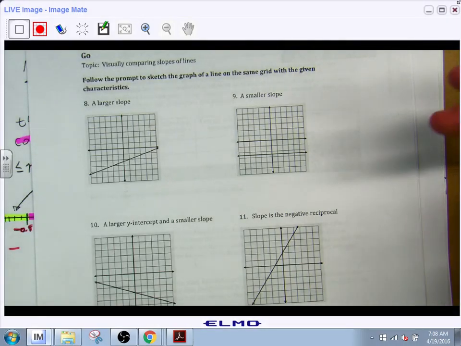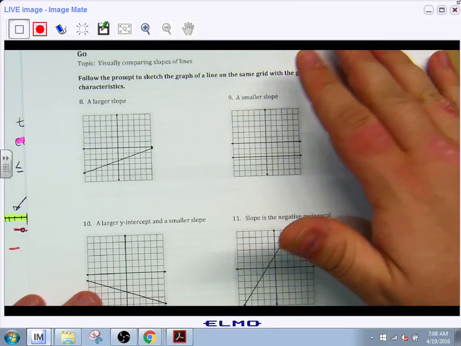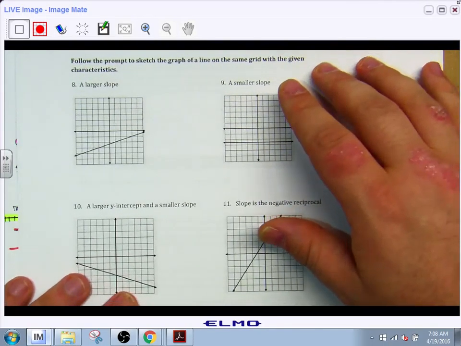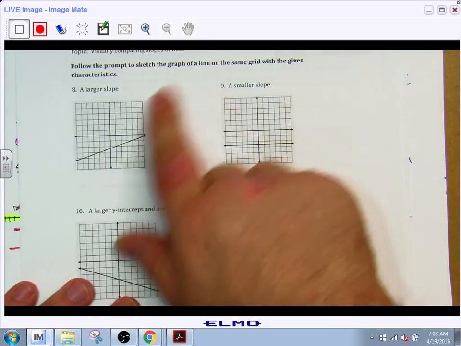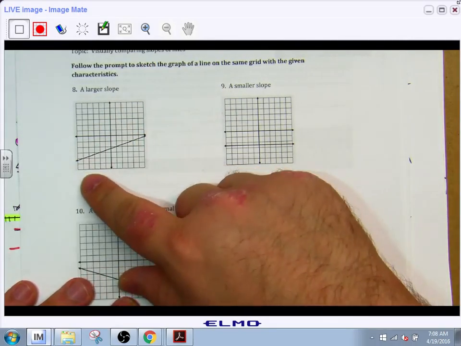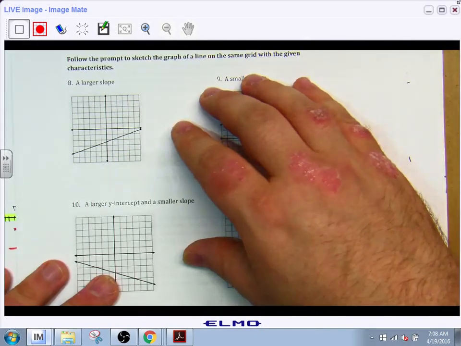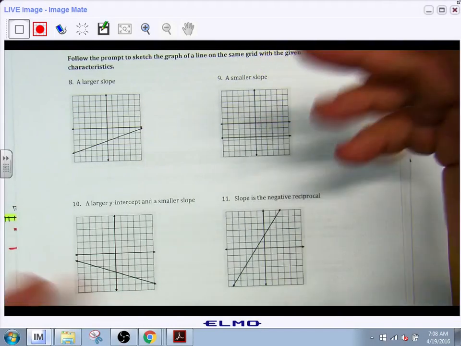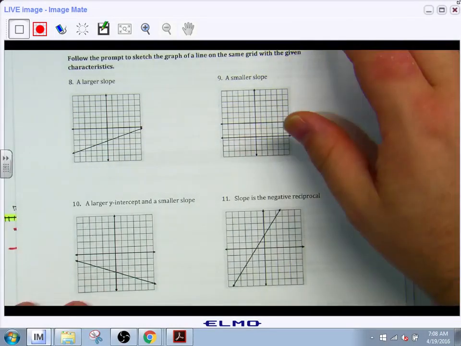And then these ones are a little bit of review. It's mostly just playing with slopes. Comparing slopes of lines. I want you to make a larger slope, so a bigger number, which means it's going to be more positive. A smaller slope means a negative number. It's going to be a more negative slope, etc.